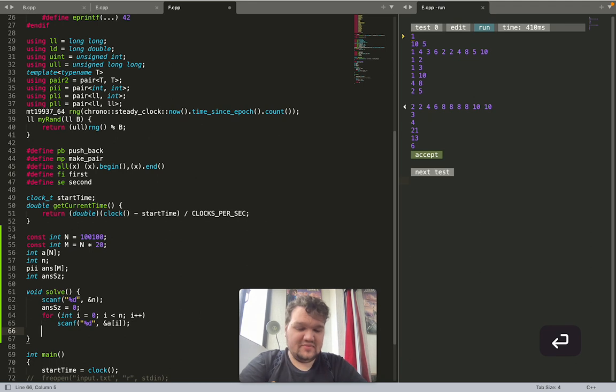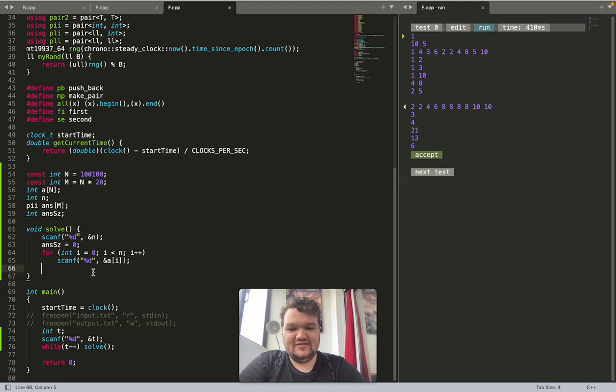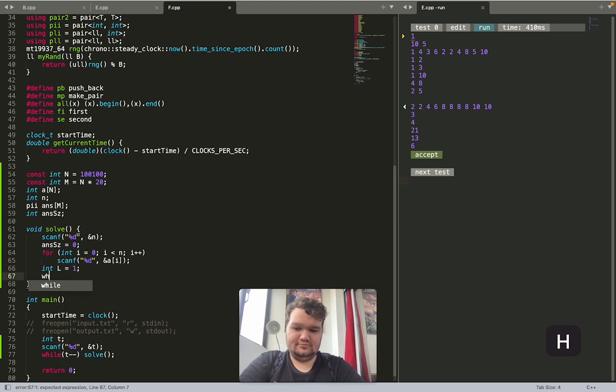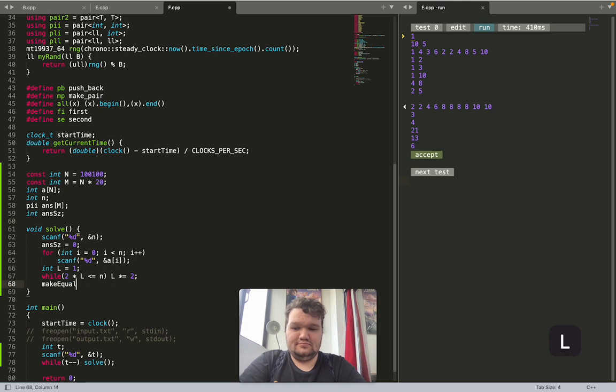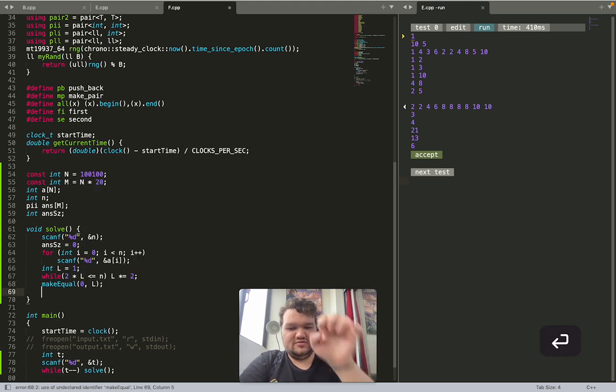It shouldn't be hard to implement, but I need to be careful to not make an operation on two equal numbers. So I need to wrap everything nicely in ifs. So I will write a function that will make the given segment of length 2 to the power of k all equal.